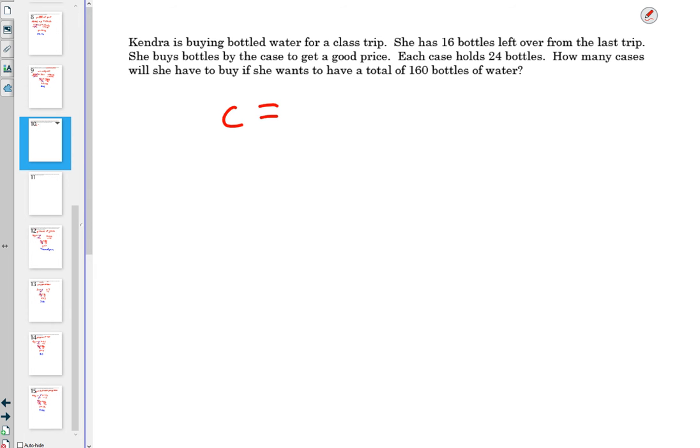Let C be the number of cases. And Kendra wants to catch a case. So she wants a total of 160 bottles of water. Didn't we do the granola problem earlier? Yeah. It is like the granola one. Because instead of 16 granola bars, she has 16 water bottles left over.